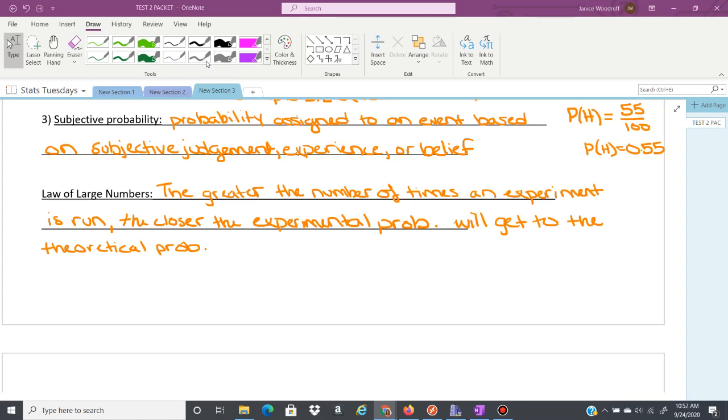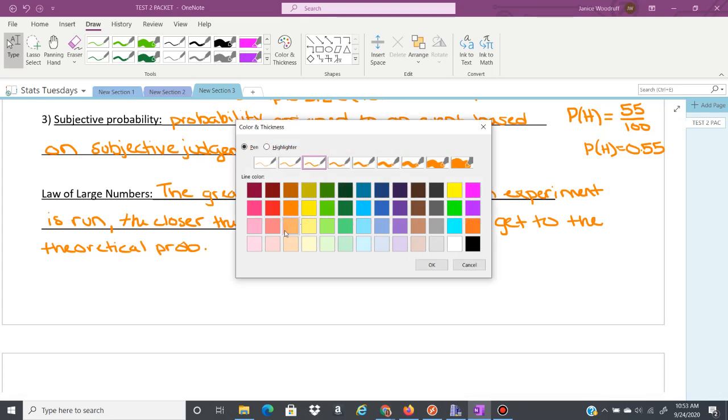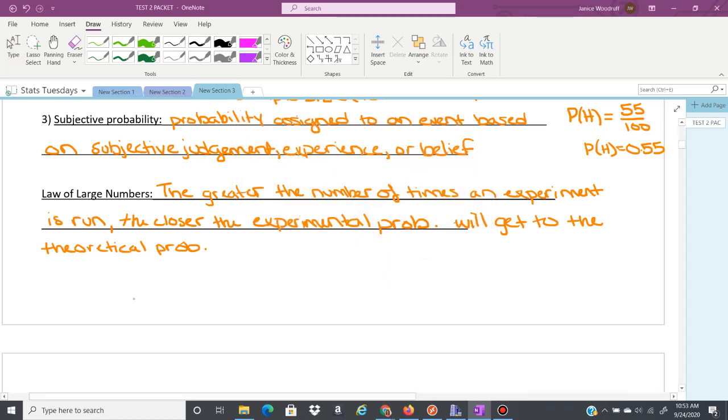So just a little chart here for us. We have theoretical versus experimental or empirical. It's the same thing. They're interchangeable. So theoretical, you have no experiment. Okay, it's based off of the sample space. This is what is supposed to happen.